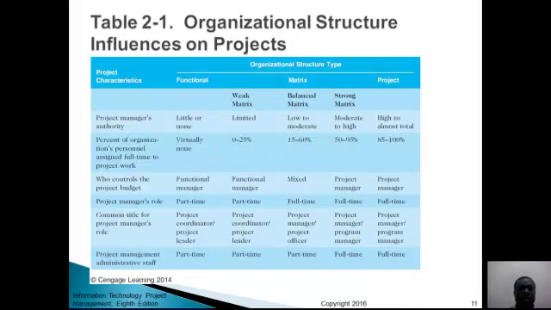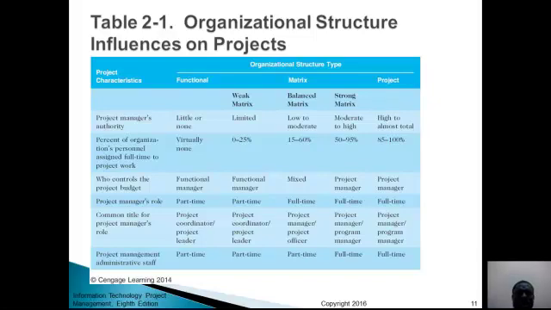Now, how do these organizational structures really influence a project? When you take functional, the project manager's authority has little or no influence.